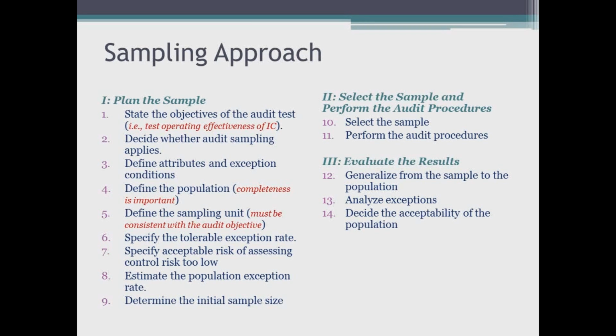Okay. Once you've defined your population, then define the sampling unit. And that has to be consistent with your audit objective. Think about your transaction-related audit objective. So the sampling unit has to be consistent with that.